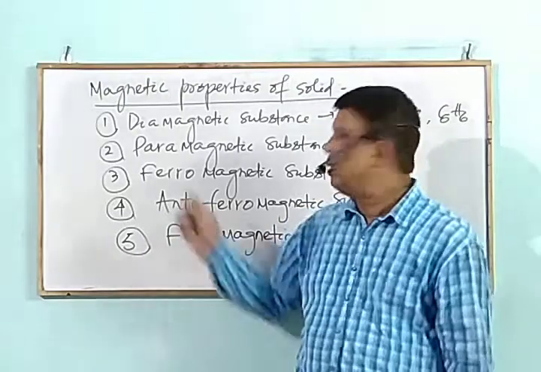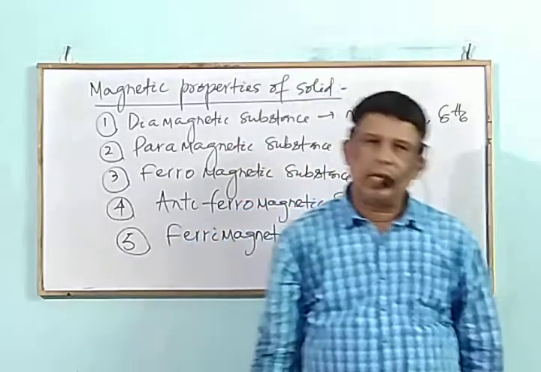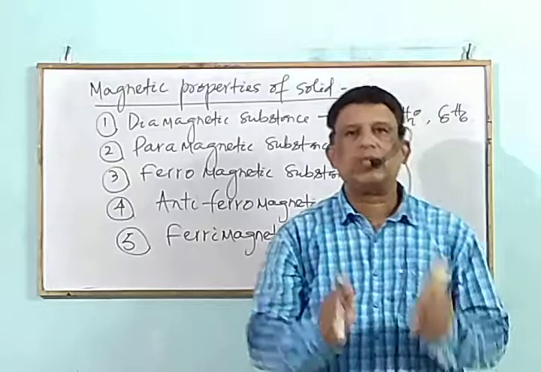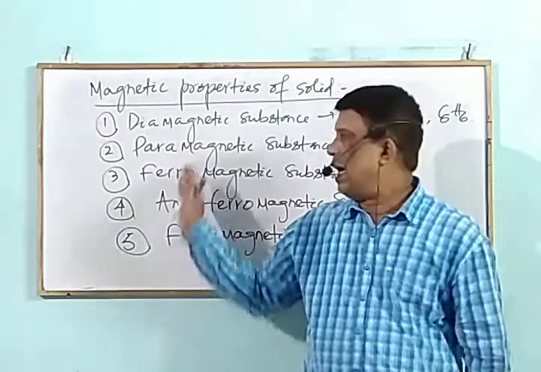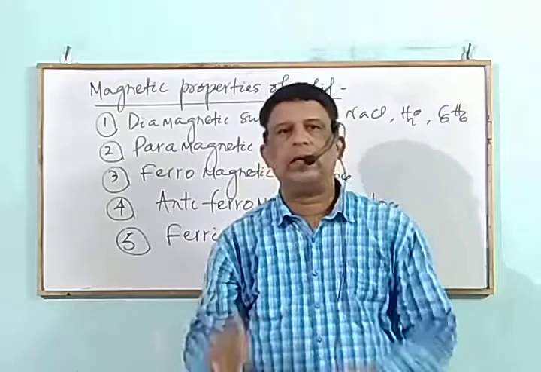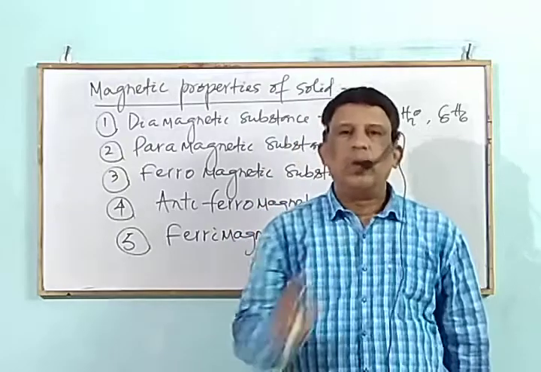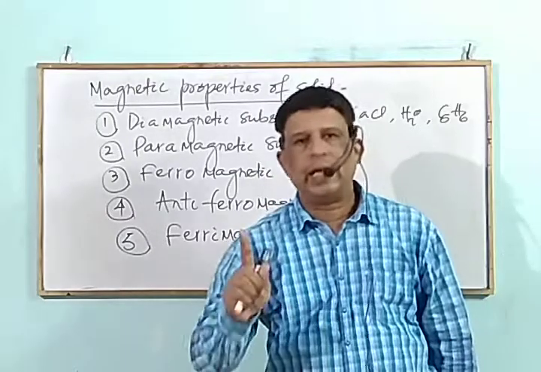Move to the second one, that is paramagnetic substance. These are the substances, that is atom or ion, having the presence of unpaired electrons, and they are attracted by the magnetic field. However, when the magnetic field is removed, they lose their magnetic character.